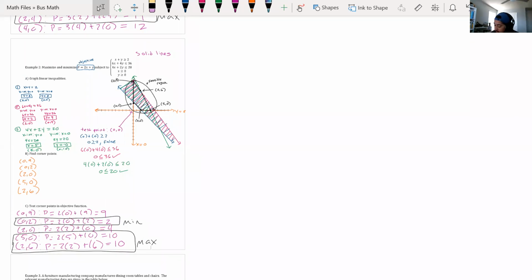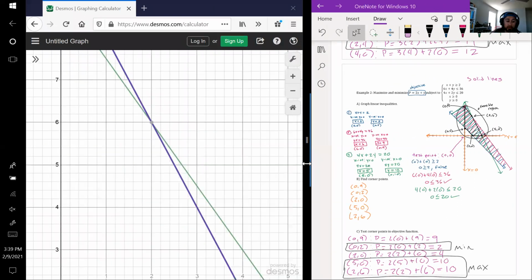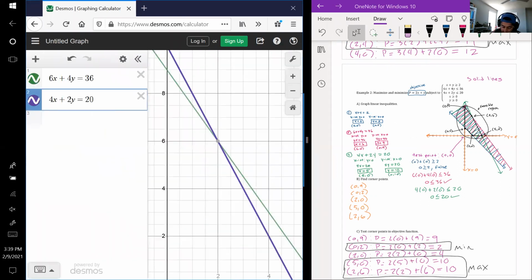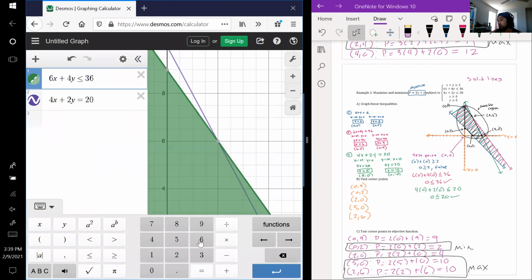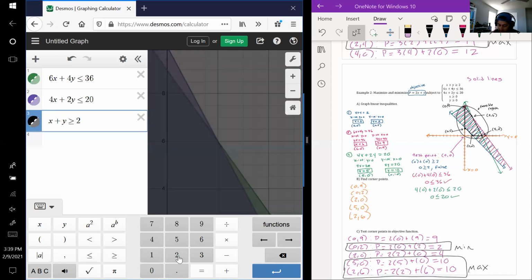Also, since we're using Desmos, I'll show you something cool. You can put the shadings in here as well. It might get messy, but instead of equal to 36, I can say 6x plus 4y less than or equal to 36, and it will shade it for us. Same thing here, less than or equal to 20, shades. And then x plus y greater than or equal to 2.